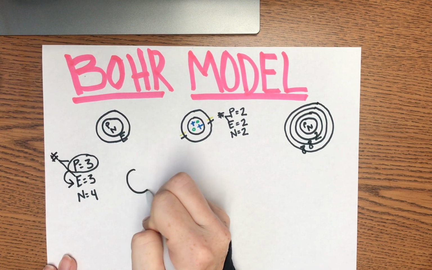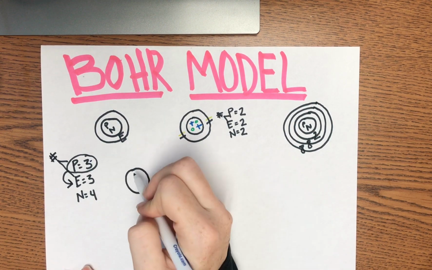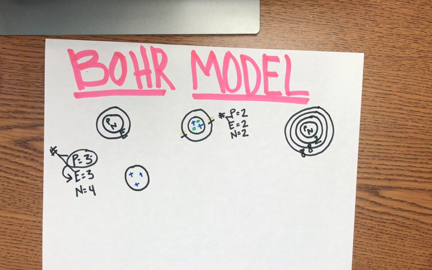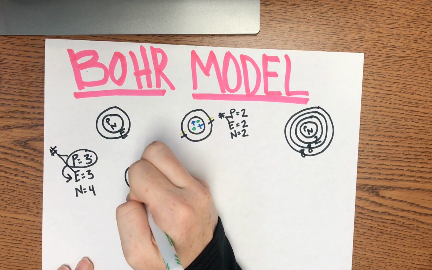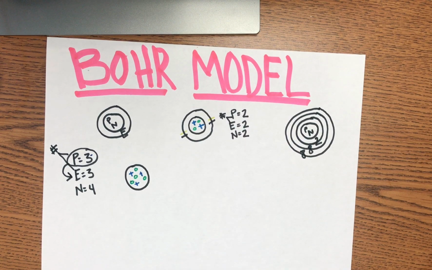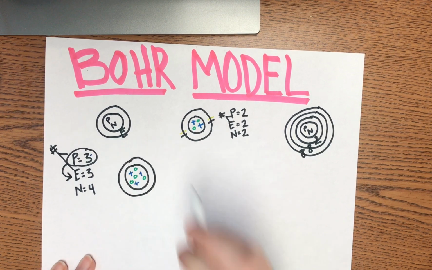First thing we do is draw our nucleus. We're going to add our protons in. We have 3 protons, so we would do 1, 2, 3 plus signs. We have 4 neutrons, so we're going to do 4 neutral symbols, which is just a 0. And now we have 3 electrons, so let's go ahead and draw our electron ring.